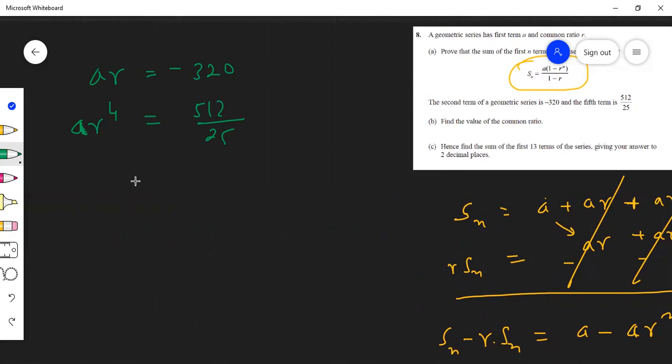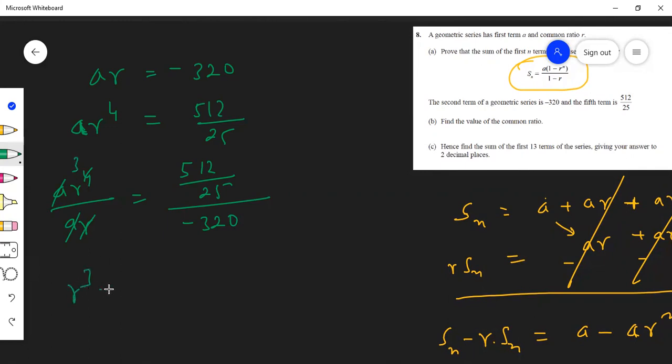Out of these two expressions, if we divide ar^4 by ar, the left hand side becomes 512 by 25, and this is divided by minus 320. Here a and a cancel, and r and r^4 become r cubed.